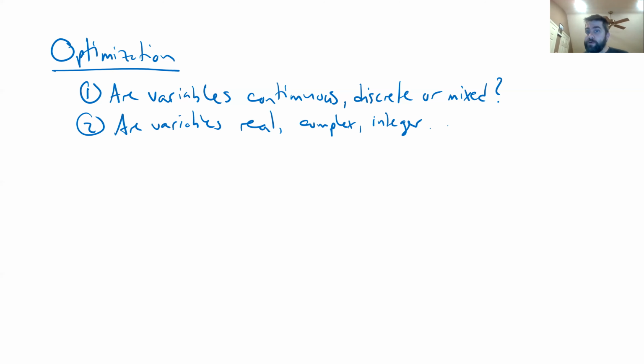Or are they perhaps not numbers at all? We'll see in the protein design problem that we'll discuss a little bit later that some of our variables are the choice of an amino acid at a particular position, which isn't fundamentally a number, right? We can have optimization problems in that kind of framework.